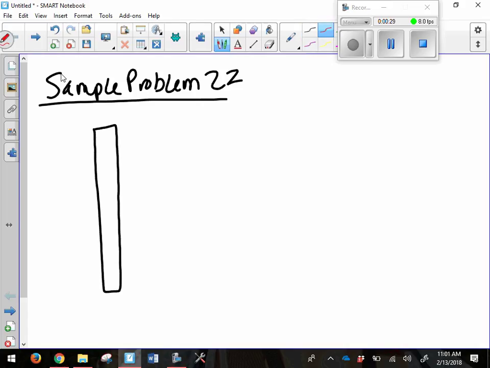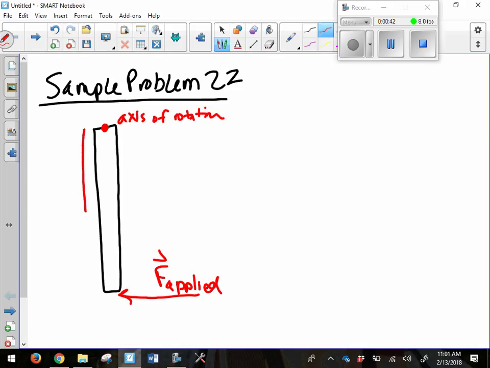And we had a force that was applied this way. We had a hinge, or the axis of rotation, up here. And we were told that the moment arm R was equal to what? 2.4 meters?